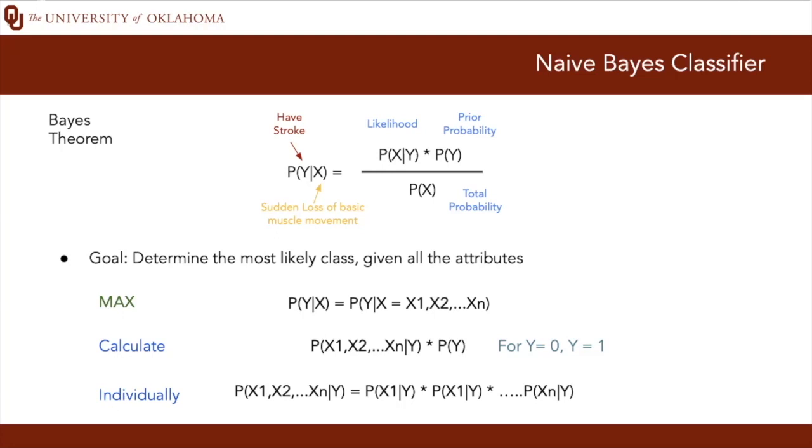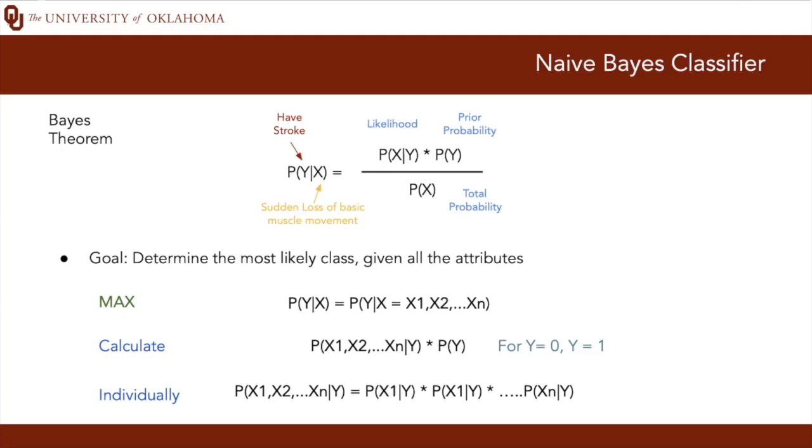It's calculated by the prior probability of having a stroke multiplied by the likelihood that you would lose basic muscle movement if you had a stroke, divided by the total probability. The goal is to determine the most likely class given all the attributes, that is, to maximize the posterior probability.